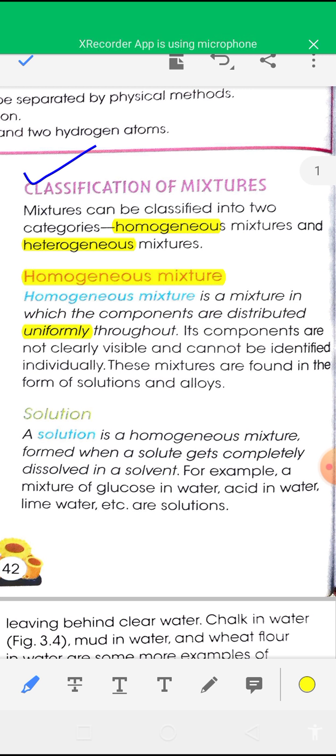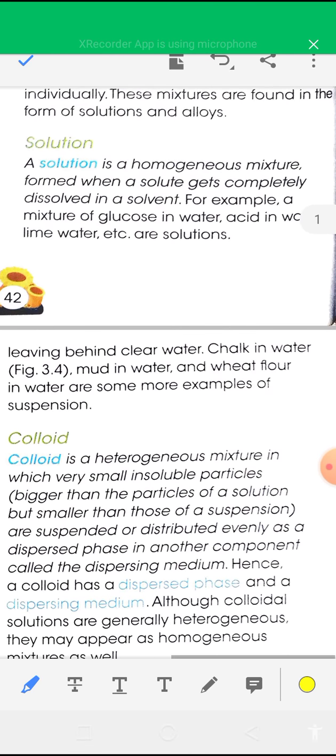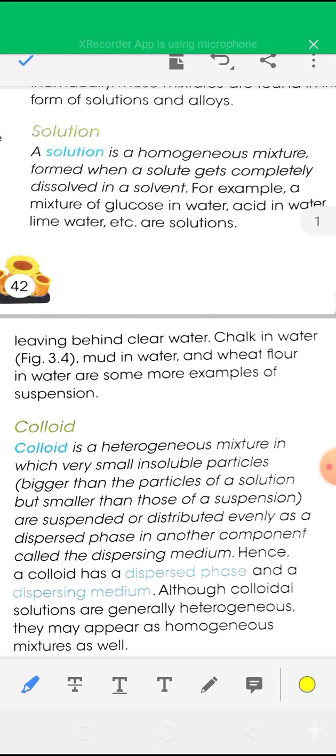So a homogeneous mixture is a mixture in which the components are distributed uniformly throughout the mixture and its components cannot be seen clearly. Now see examples of homogeneous mixture. First example is solution. A solution is a homogeneous mixture formed when a solute gets completely dissolved in a solvent.